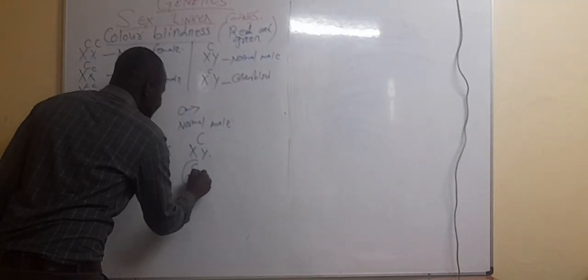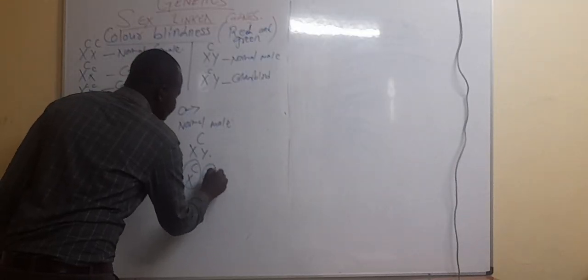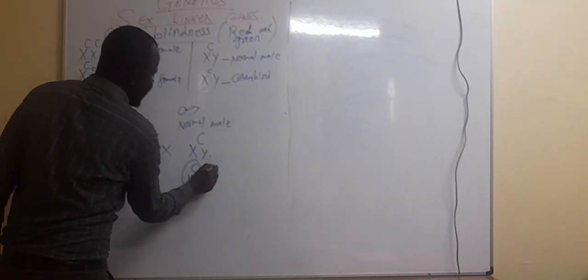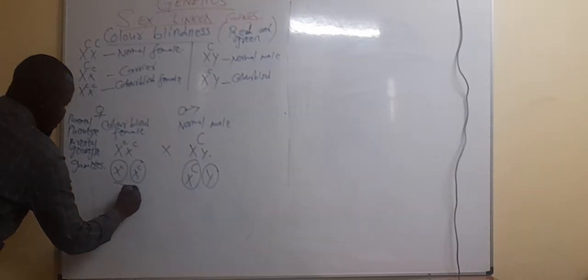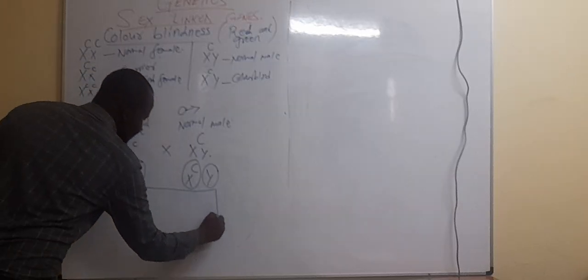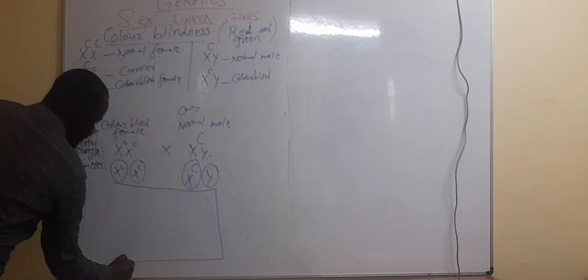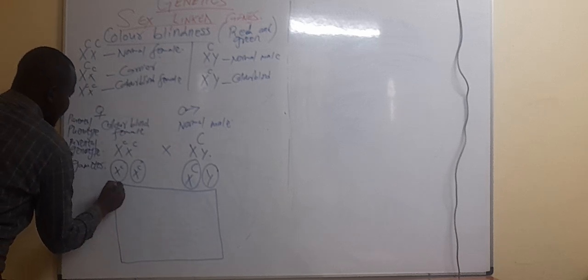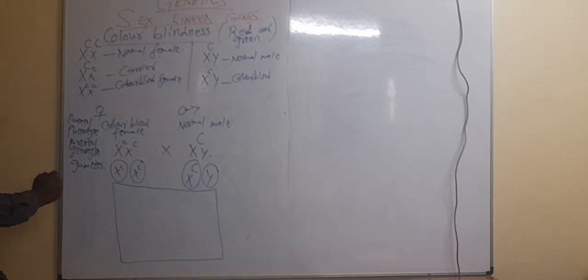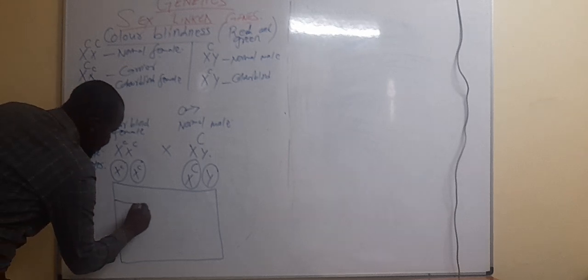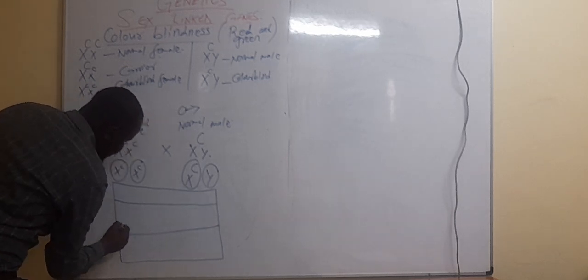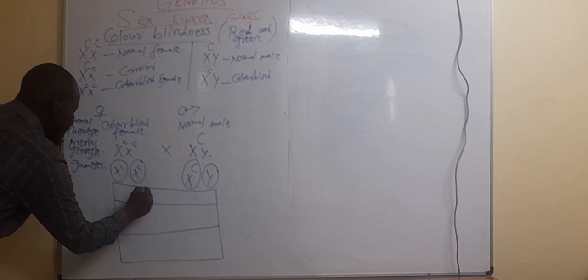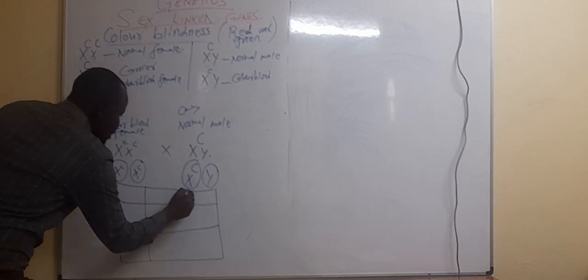Then you have your X capital C and then your Y. Y is not linked to anything. For our Punnett square, you draw the square and divide it into sections.